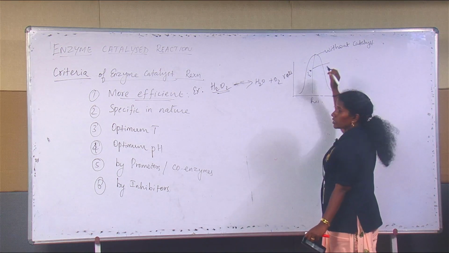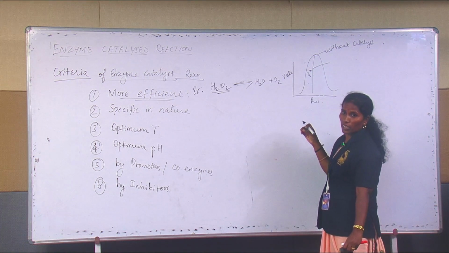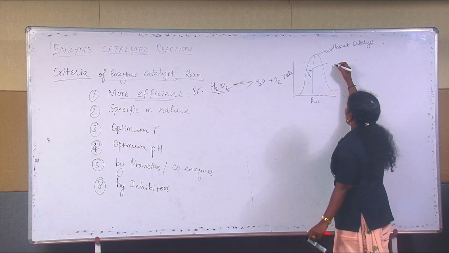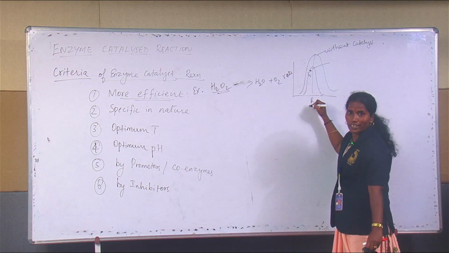If it is used with a catalyst, colloidal platinum, the EA value decreases a little.